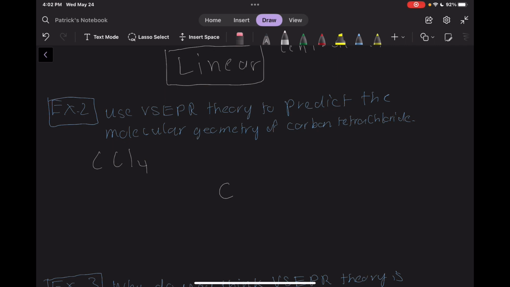Carbon has 4 valence electrons, and each of the 4 chlorine atoms has 7 valence electrons. If carbon shares 1 valence electron with each chlorine atom, all 4 of its valence electrons are going to be involved in bonds. The number of lone pairs on our central atom is therefore 0.